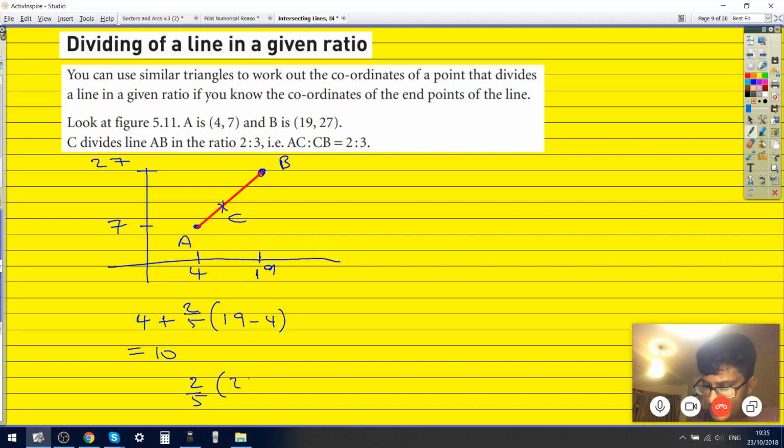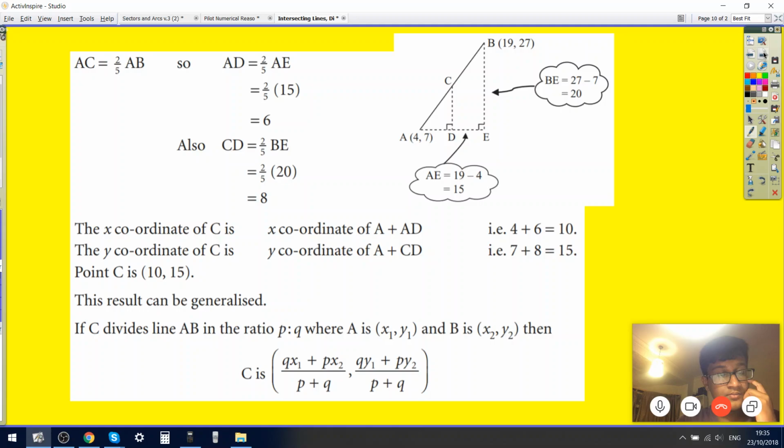You're adding 8. So 7 plus 8 would be 15. So it looks like it's 10, 15. That's 2/5 along the x and 2/5 up the y. And there we go, 10 and 15.